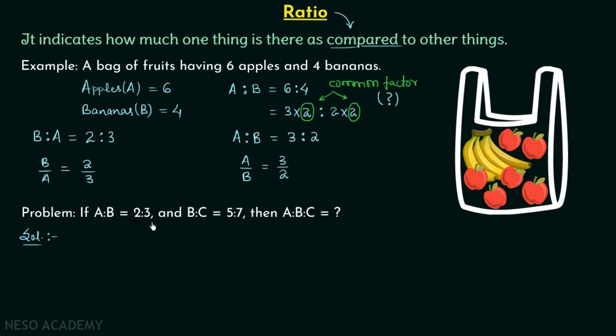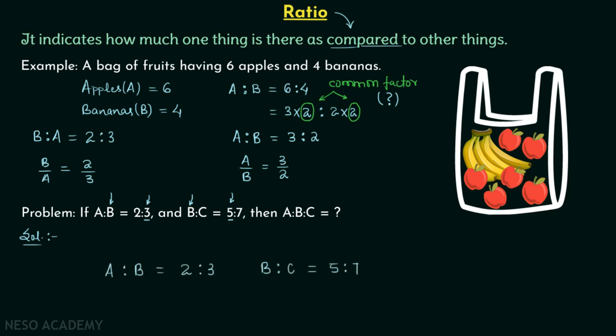In the first ratio, we have A and B. In the second ratio, we have B and C. So we can see that we have B common in the two ratios, and B in the first ratio is 3, and B in the second ratio is 5, and 3 is not equal to 5. Therefore, we cannot write down A ratio B ratio C directly. So now we will shift our focus to making B the same in the two ratios.